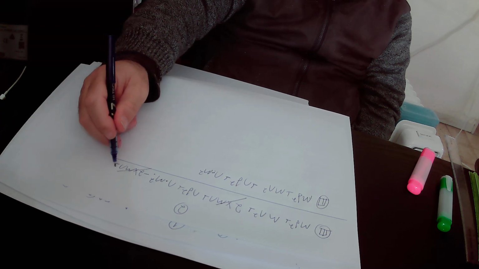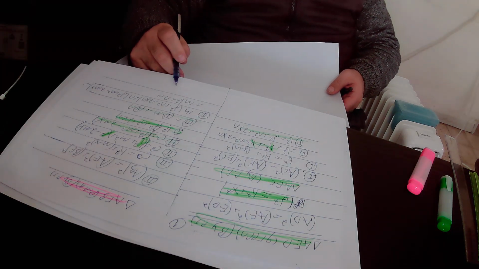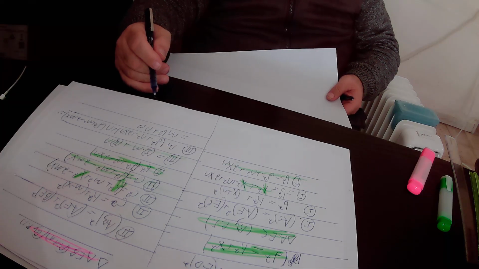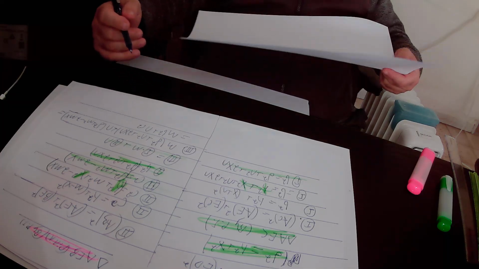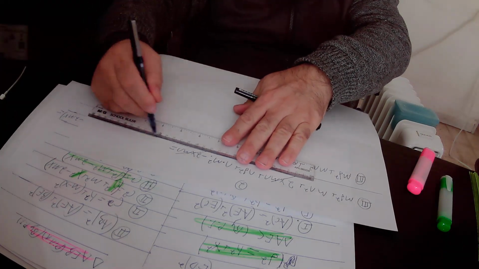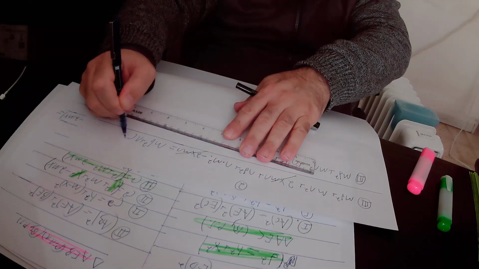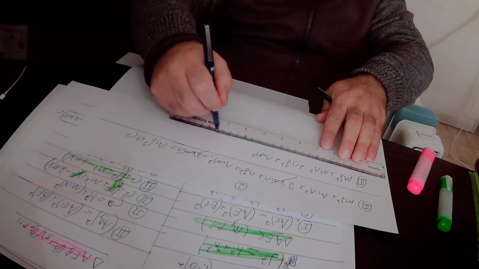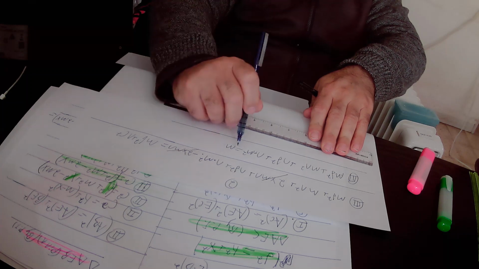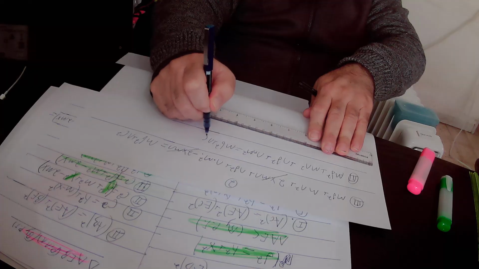In the right side of equation number 3 we have mb square plus nc square, equals to mb square plus nc square. So also here is equals to mb square plus nc square.